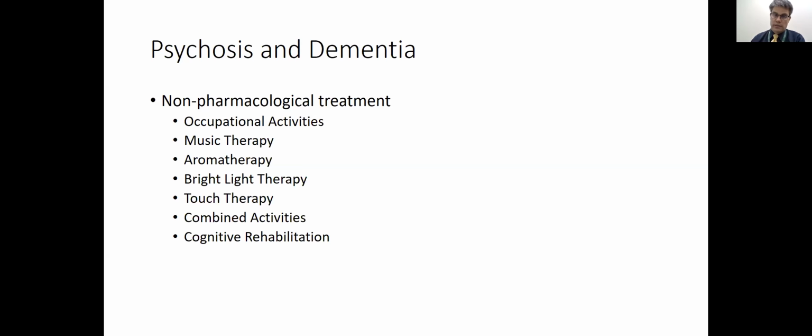Combined activities. This was done in Taiwan amongst Chinese men, and they did music therapy with orientation training, physical exercise, and art cognitive activities that was delivered by a trained occupational therapist, for 12 weeks. And they had a little bit of improvement in delusions with this and hallucinations and agitation.